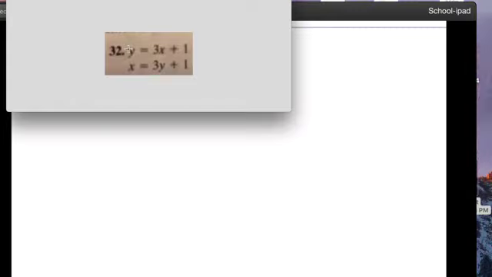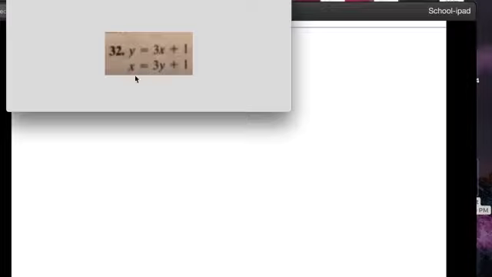See this y? You got x, the bottom one right here, equals to 3 parentheses y plus 1. Y is equal to that. Y is equal to 3x plus 1. Well, put this into that there.